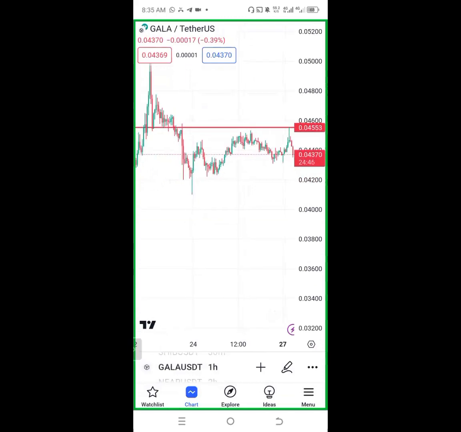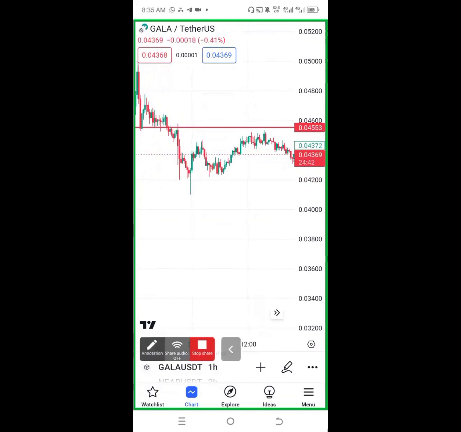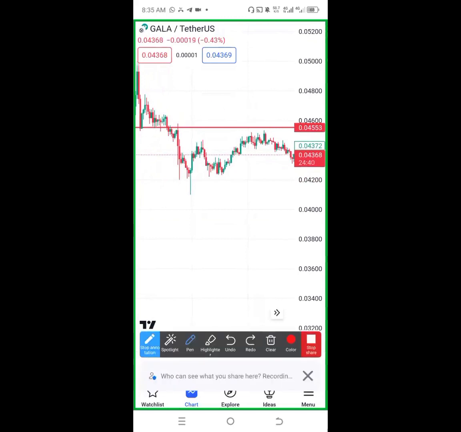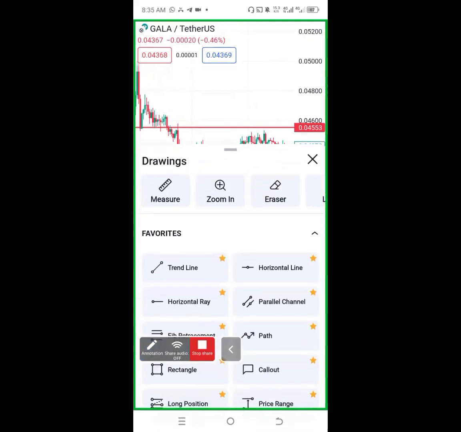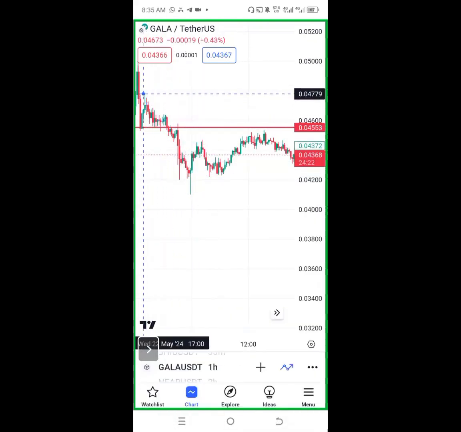So we have a number of them here. We have this, if you can see, and then we also have that. See that? We have that, this, and we also have that. Why? Because if you look at this movement, the price came from here, right?